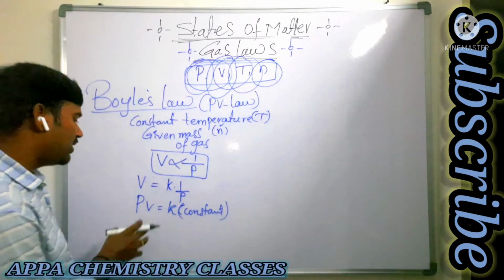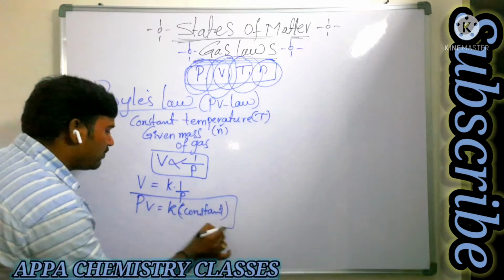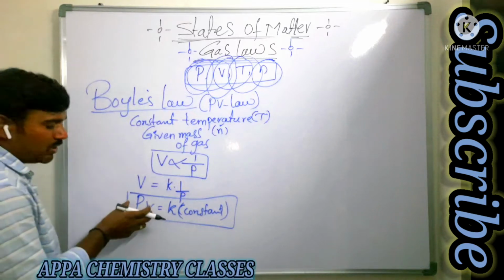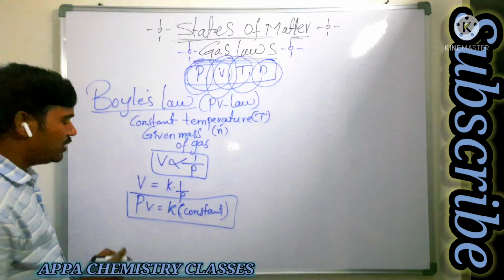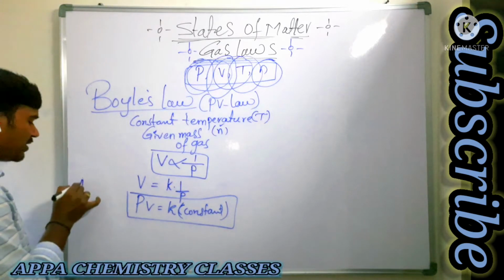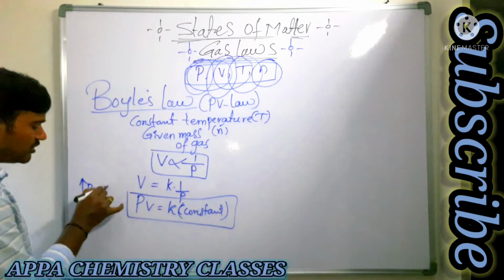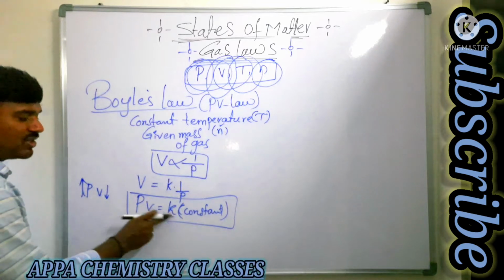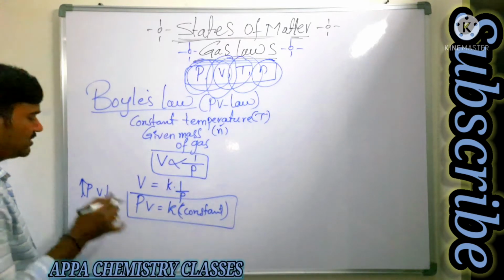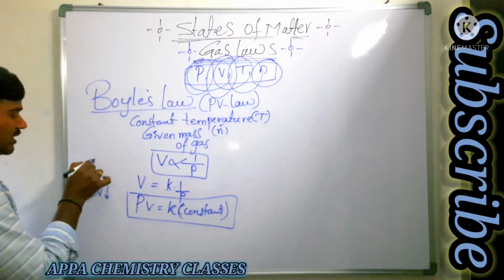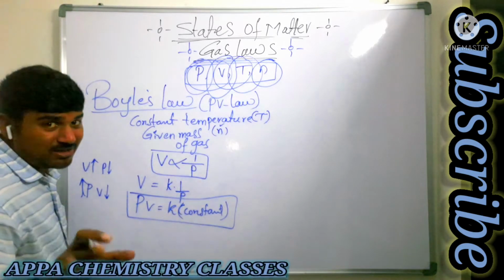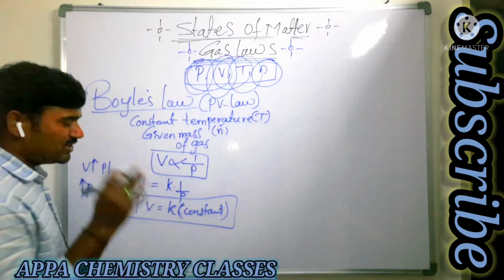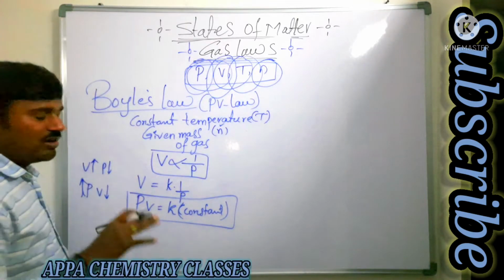The product of pressure and volume will remain constant. Say for example, if pressure is increased, then volume will decrease. So will it remain constant or not? Similarly, if volume is increased, pressure decreases. The resultant value will remain constant. So that is PV is equal to constant.